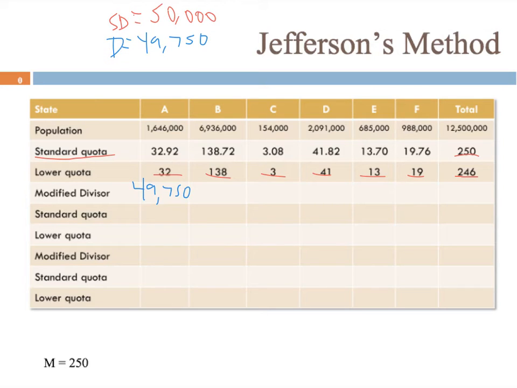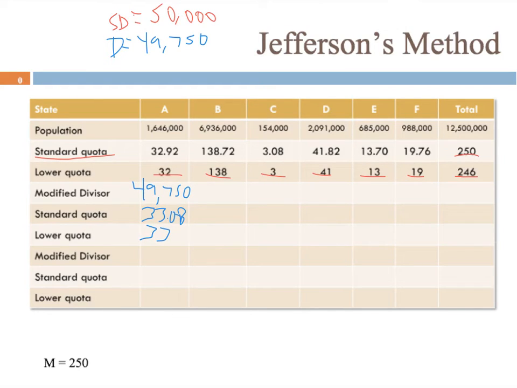So we take the population divided by the new divisor. For state A, 1,646,000 divided by 49,750, and we'll get 33.08, so 33. That changed a little bit already, so that's helpful.